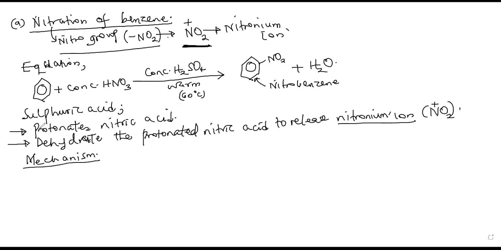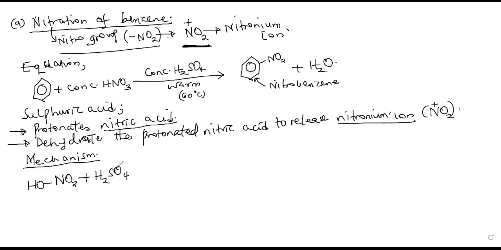We have said that sulfuric acid first protonates the nitric acid. So the first thing it will do, we have our nitric acid. Because I'm interested in NO2, allow me to write my nitric acid as NO2, then HO, which is the same as nitric acid. I'm just splitting it this way so that it is easy for me. Now, plus concentrated sulfuric acid.